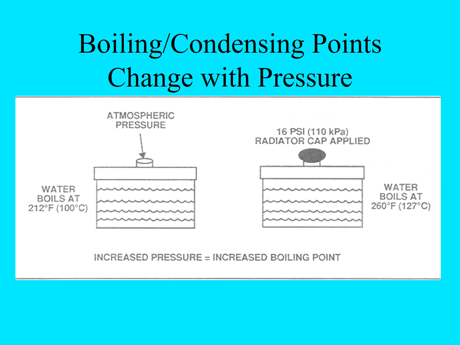So if we pressurize the coolant, being straight water, and we put 16 pounds of pressure on that system, now we're going to raise the boiling point of water to 260 degrees Fahrenheit. So just by pressurizing the liquid, we can prevent it from boiling.